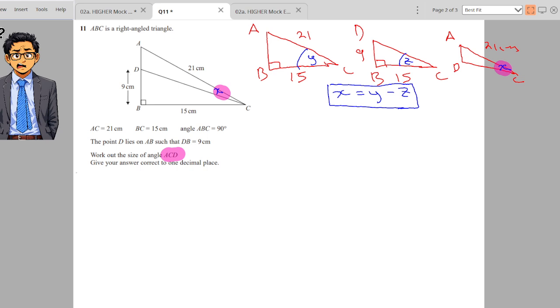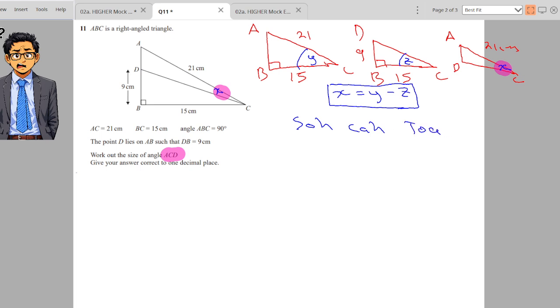Now, next question. How can I work out the value of Y? How can I work out the value of Z? As you can see, those triangles are right angled. So what comes to my head? SOHCAHTOA, my trig ratios.